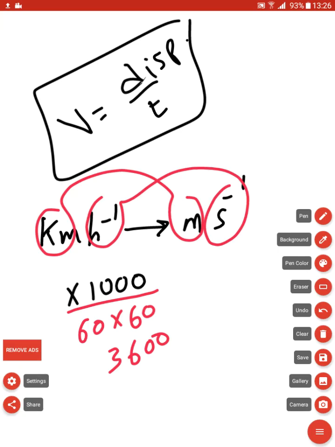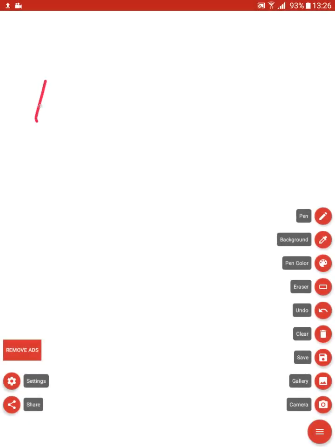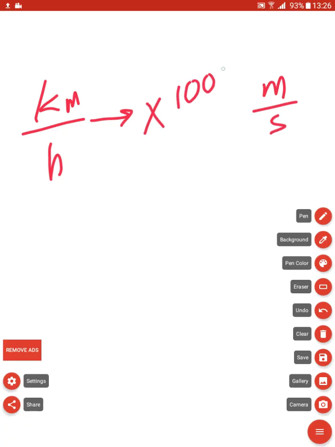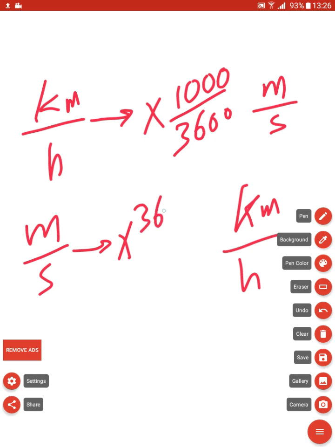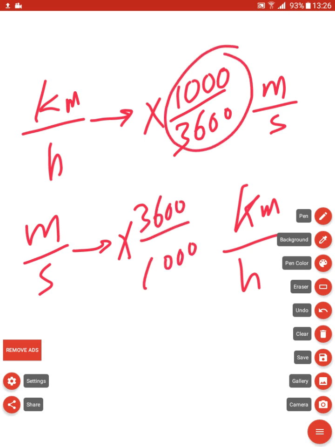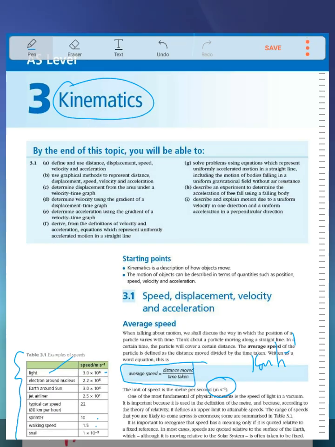So, to change from kilometer per hour to meters per second, we multiply by 1000 over 3600. To change from meters per second to kilometers per hour, you multiply by 3600 over 1000, the inverse of this value.